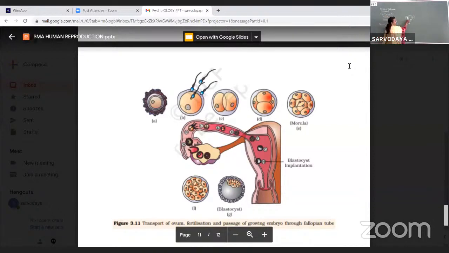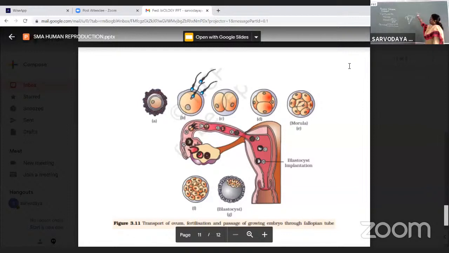So the blastocyst is going to be surrounded by uterine tissue. This is what you call embedding of the blastocyst in the wall of the uterus, and that process is called implantation.